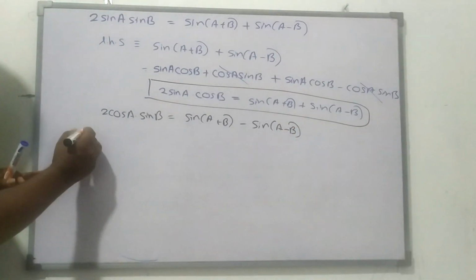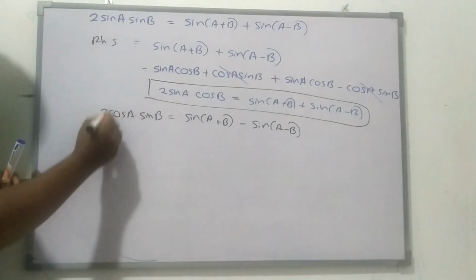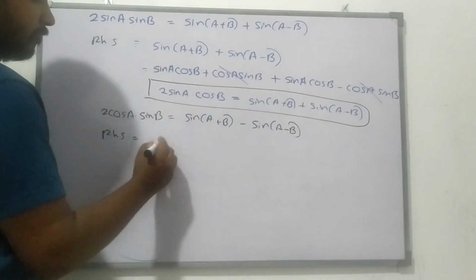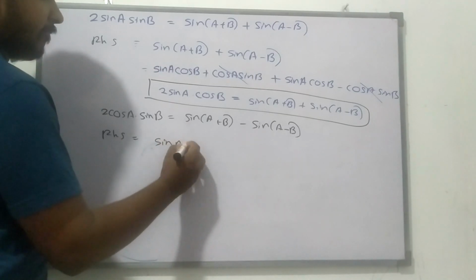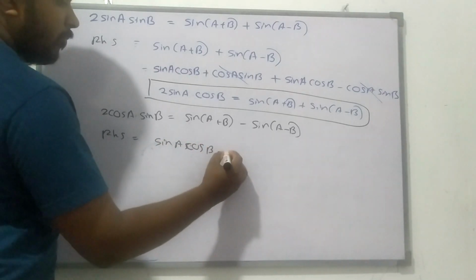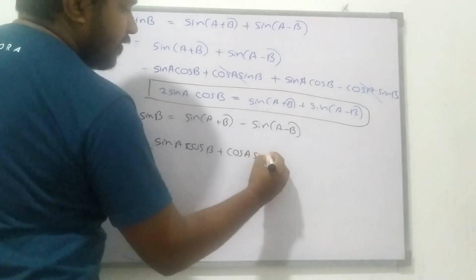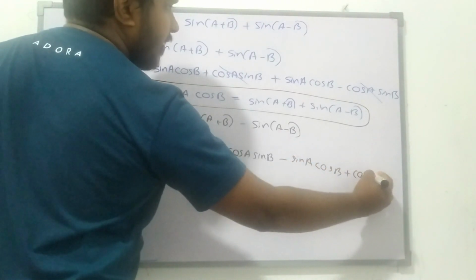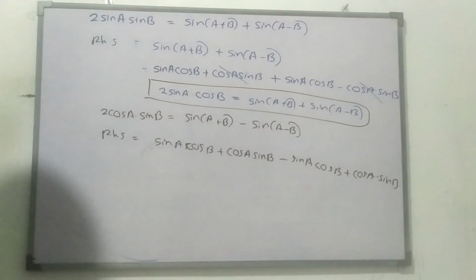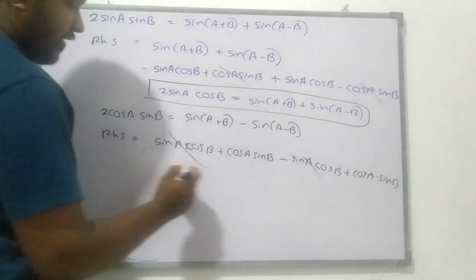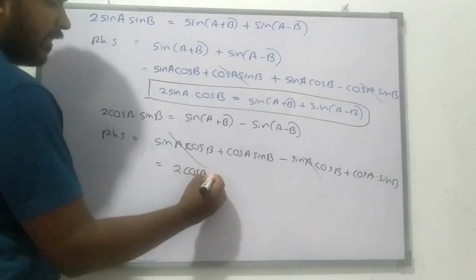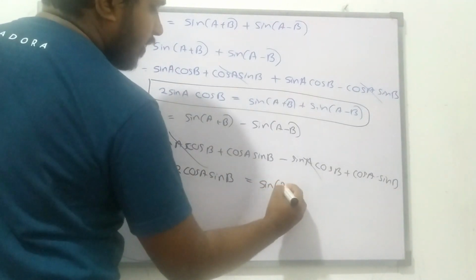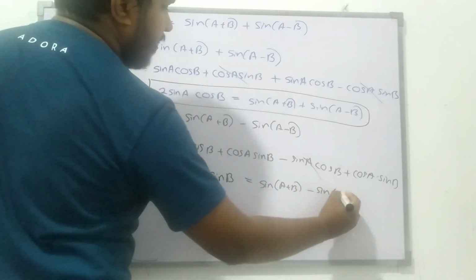I'm starting from the RHS and writing this: sin A cos B plus cos A sin B minus sin A cos B plus cos A sin B. Over here you can see these two getting cancelled, which gives 2 cos A sin B. So this is basically sin(A plus B) minus sin(A minus B).